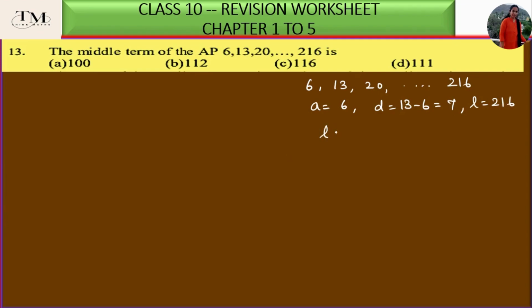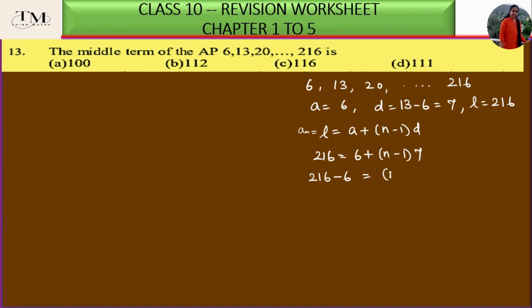What is the formula? L is equal to A plus n minus 1 into D. L is nothing but An. So here your last term is given, so I can write it as L. So L is 216, A is 6 plus n minus 1, and D is 7. So 216, this plus 6 will become minus 6 when we change the side.